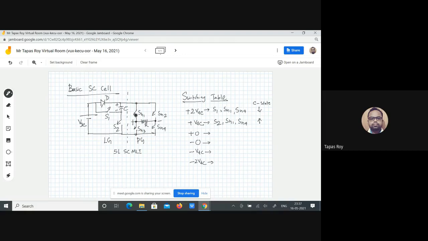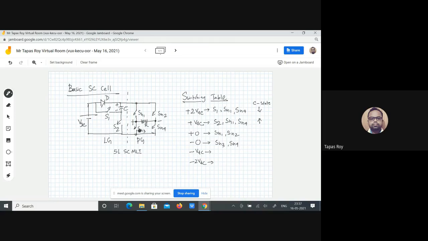If I turn on these two switches, SH1 and SH2, the load gets shorted, so 0 voltage can be realized. Similarly, negative 0 level we can realize from these two switches, that is SH3 and SH4.